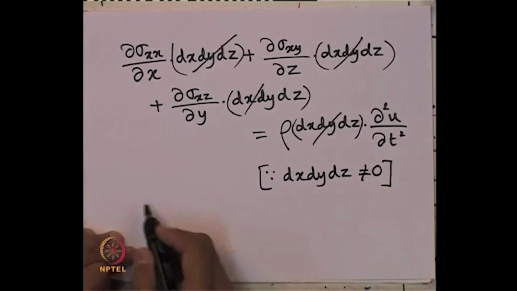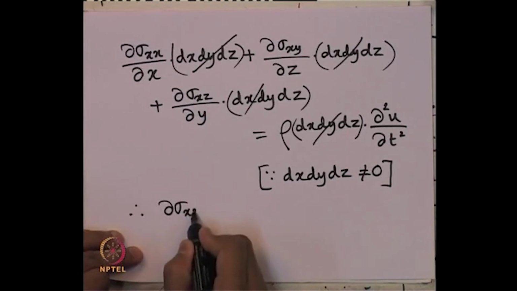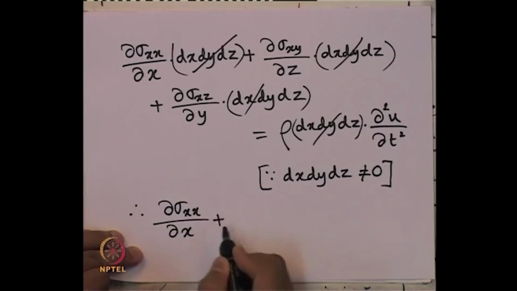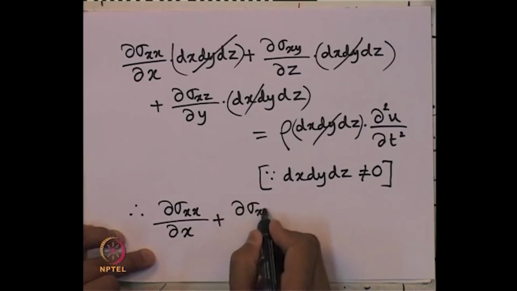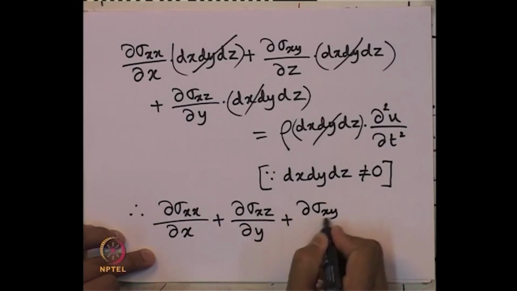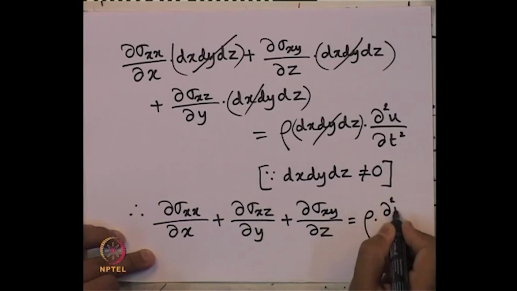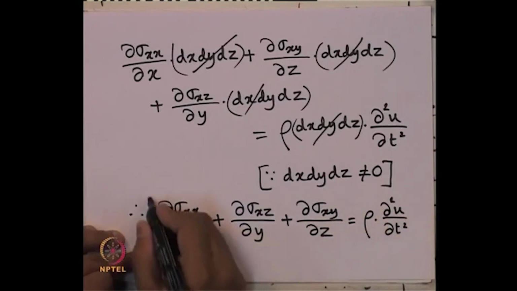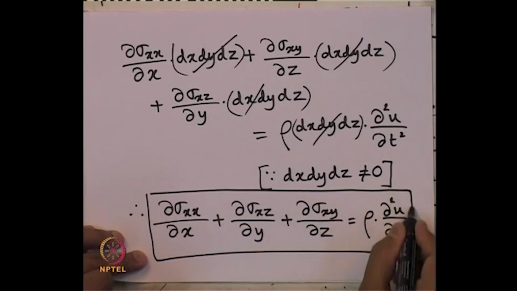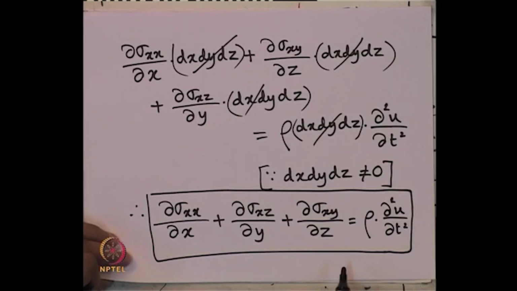Therefore, we can write del sigma x x by del x plus del sigma x z by del y plus del sigma x y by del z equals rho del square u by del t square. So, this is our basic governing equation of motion for a 3-dimensional wave propagating in x direction. So, this is in x direction only.